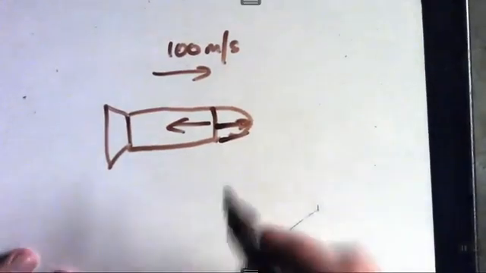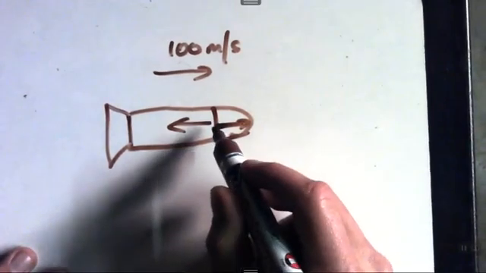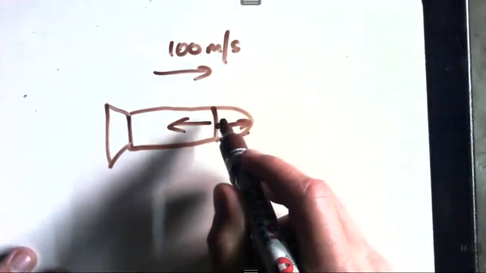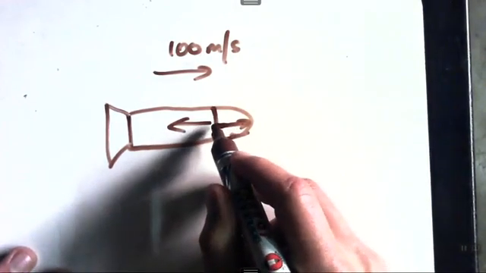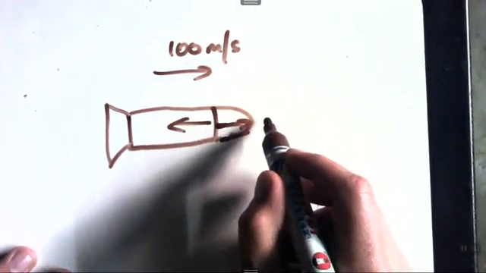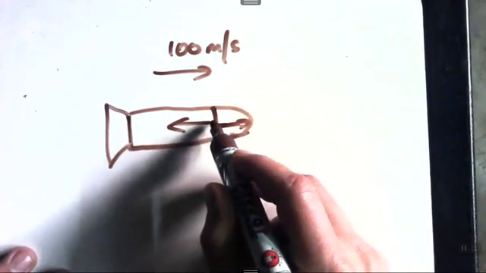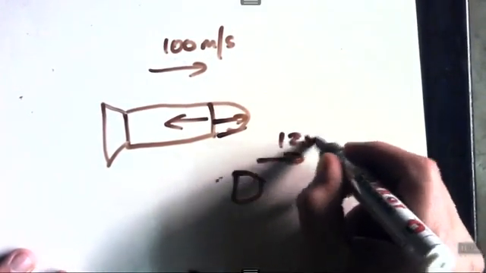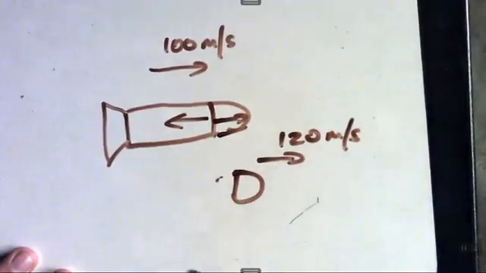Now the same force that pushes this backward is going to push that forward. The detaching, or a little explosion there, is going to make this capsule go faster, and the fuel tanks are going to go backwards. And what we'll see is that when the fuel tank detaches, the capsule will go quicker. Let's say, for example, 120 meters per second.